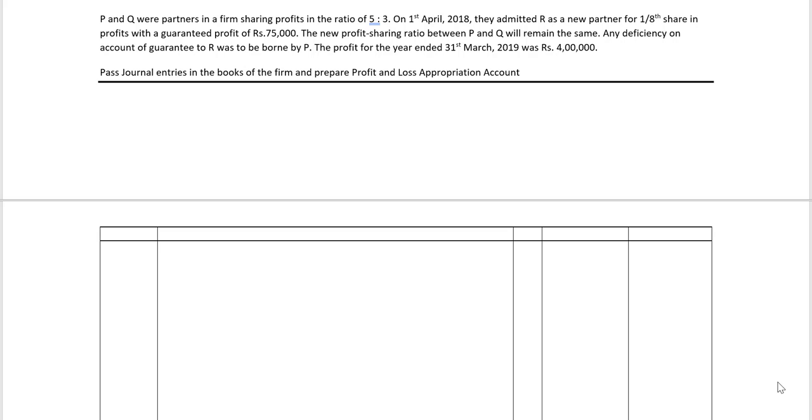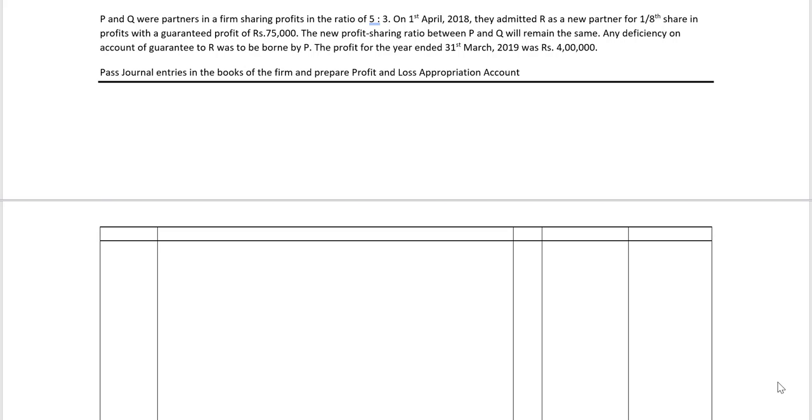The new profit sharing ratio between P and Q will remain the same. Any deficiency on account of guarantee to R was to be borne by P. The profits for the year ended 31st March 2019 was rupees 4 lakh. Pass journal entries in the books of the firm and prepare profit and loss appropriation account.